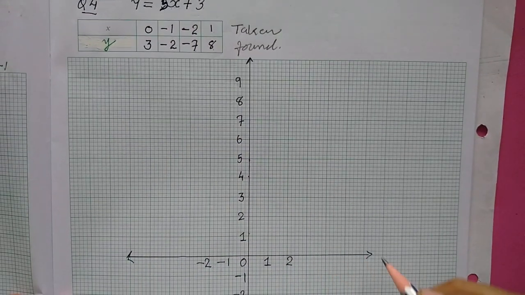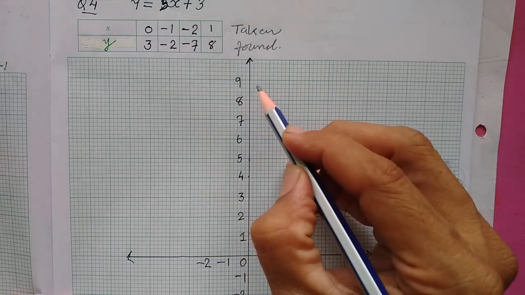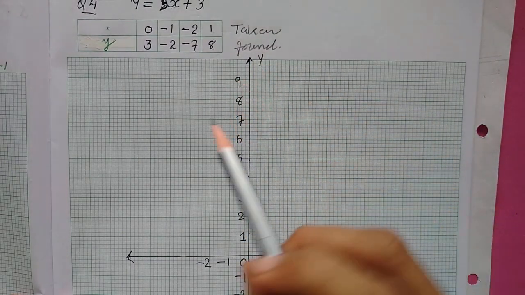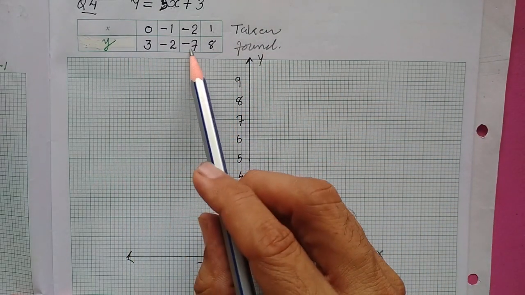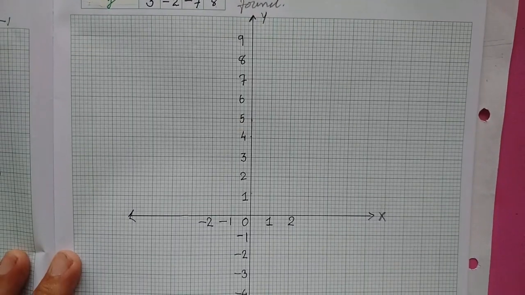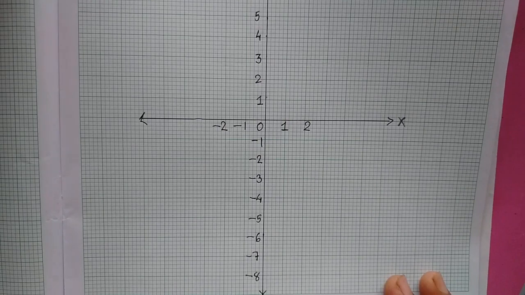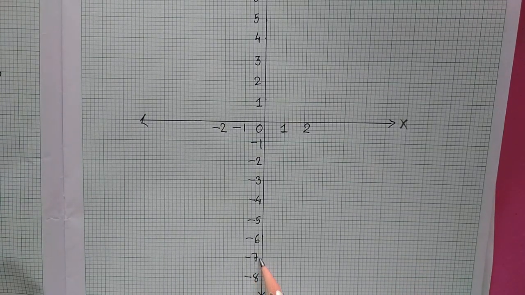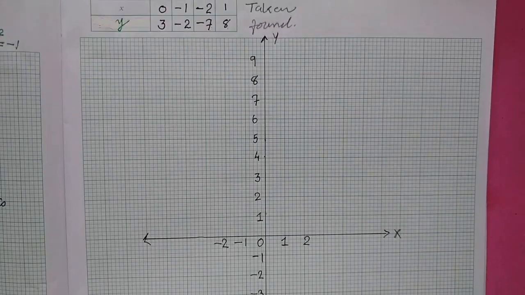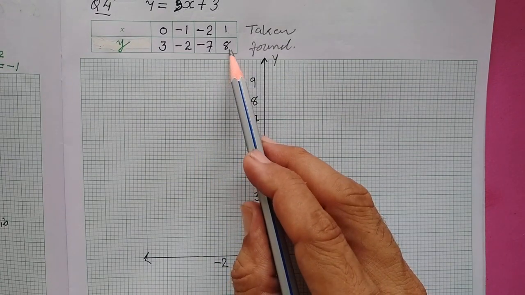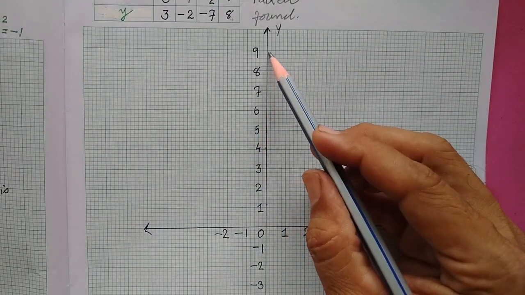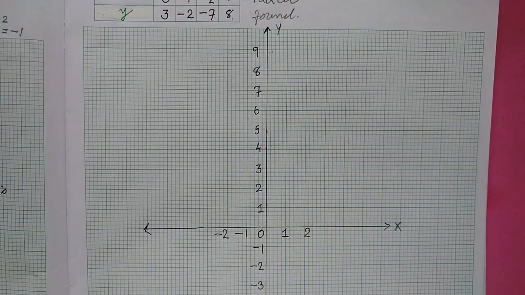Okay, this is the x-axis, this is the y-axis, children. Now, here you can see that in the negative y direction we have to go up to minus 7, and on the positive y-axis we have to go to 8. So up to 9, and down up to minus 8 we can do.